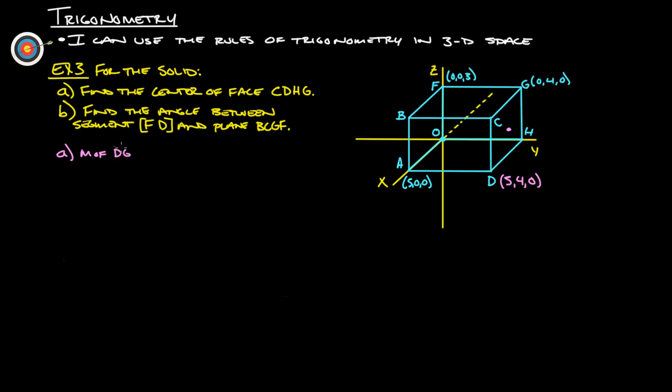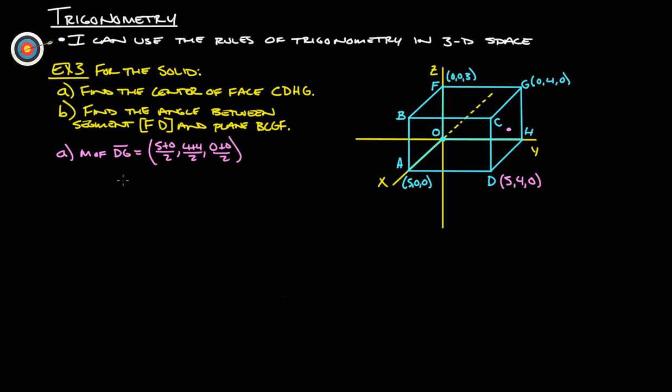DG is going to be, so we're going to add the 2 x's divided by 2, 5 plus 0 over 2, and then add the 2 y's together, 4 plus 4 divided by 2, and then add the 2 z's together, 0 plus 0 divided by 2.